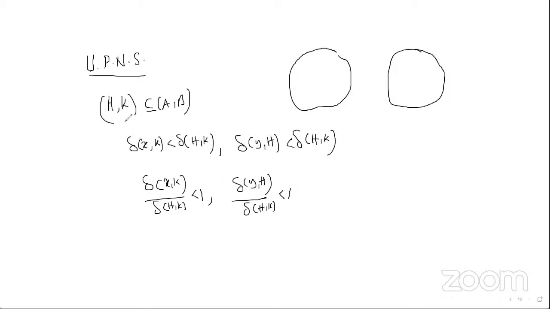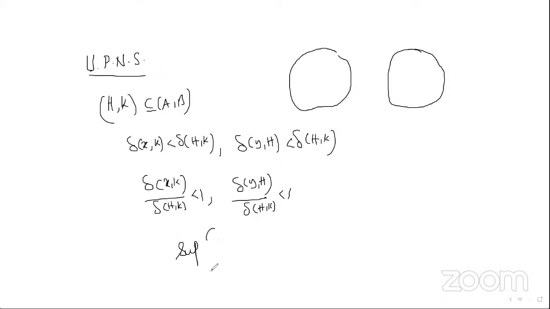Normal structure says that this holds for every subpair of AB. And what we extended is that not only does this hold, furthermore, the supremum is less than 1.